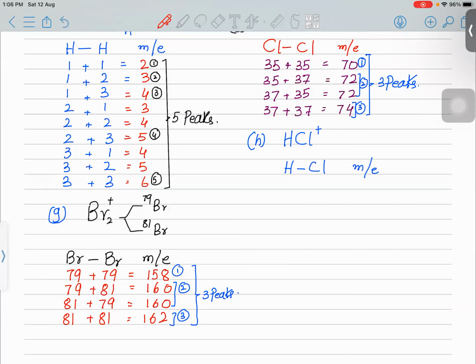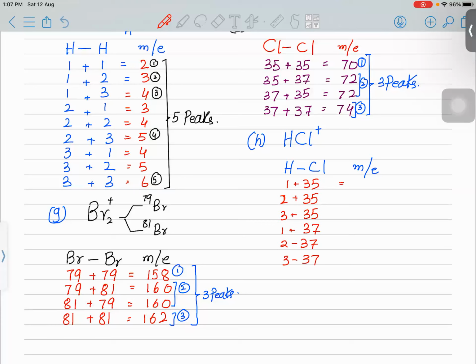So it's going to be 1 with 35, 2 with 35, 3 with 35, very good. Then 1 with 37, 2 with 37, 3 with 37. Yeah, I think that's it.